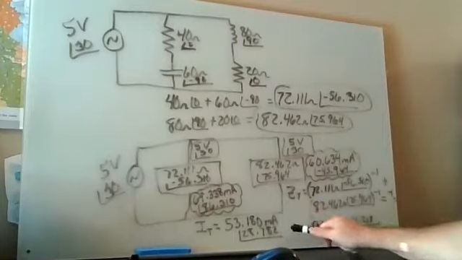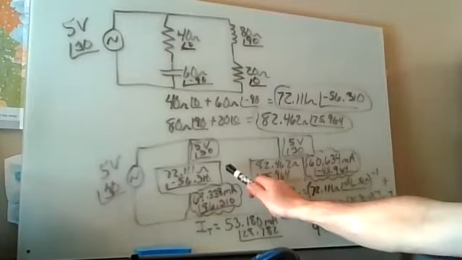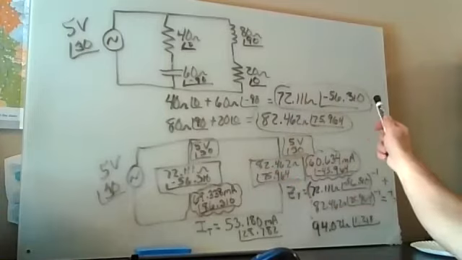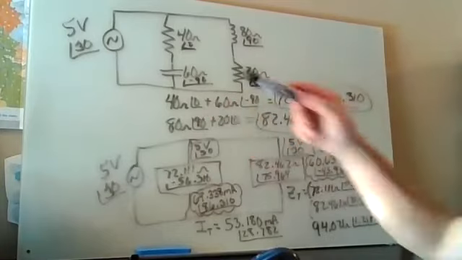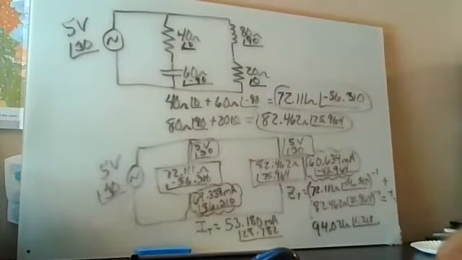So I checked these, made sure I got my I total. How did I find this 72.111? Well, I went up here. I found it by this 40 and the 60 in series. What's constant in a series circuit? Current. So what do I bring back?